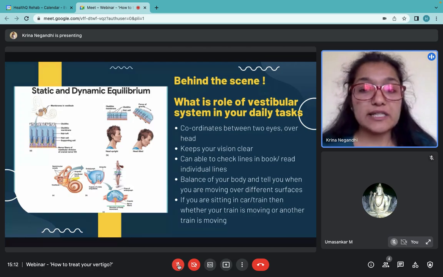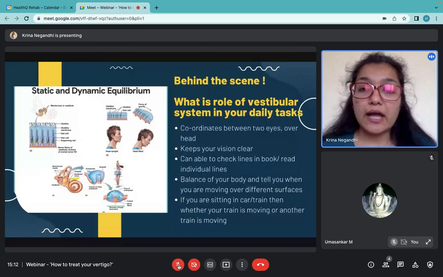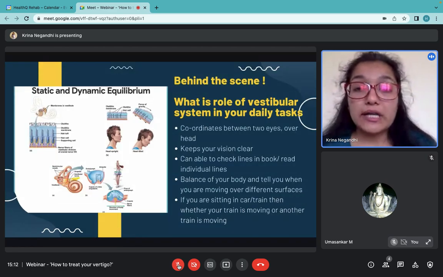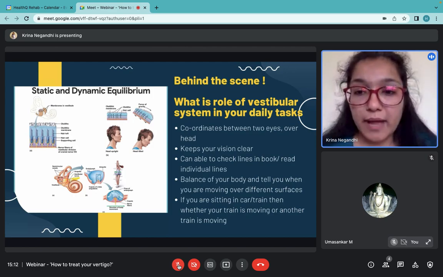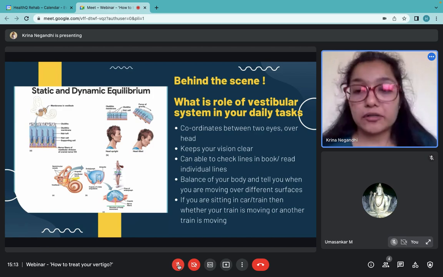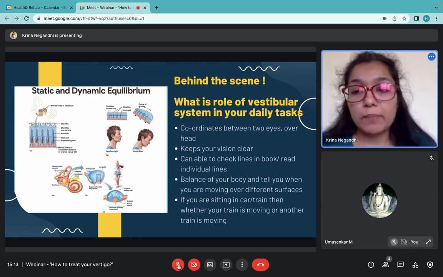Next, our vestibular system is responsible to make our vision clear by controlling and coordinating between the two eyes. Thus, it helps to read in a complex environment, with complex visual feedback like computers, reading a book, newspapers, in the grocery malls, checking out an individual item.